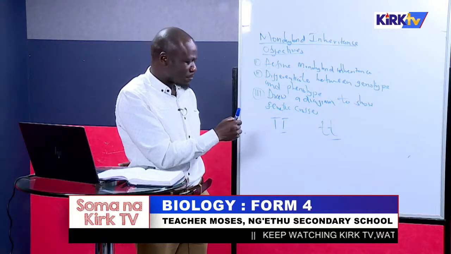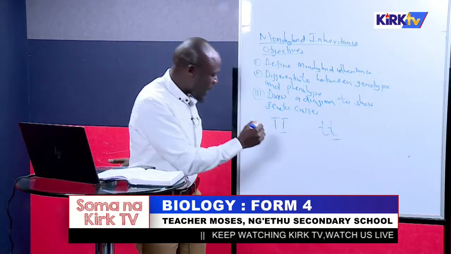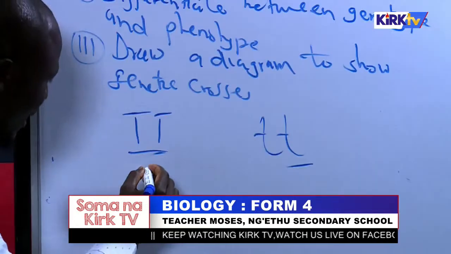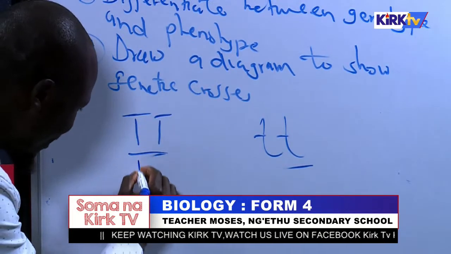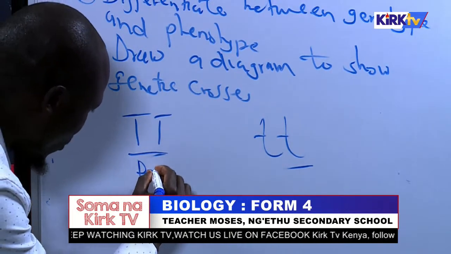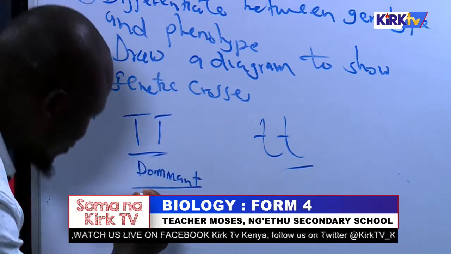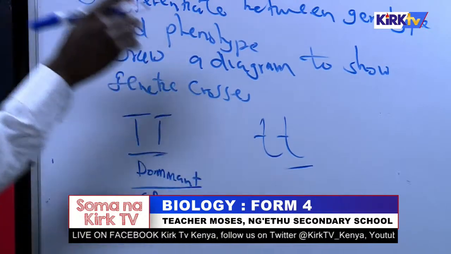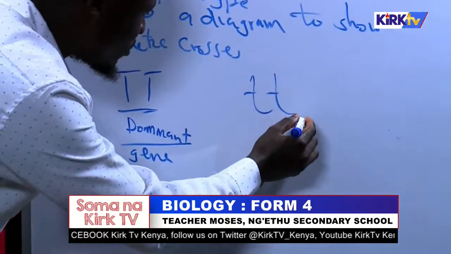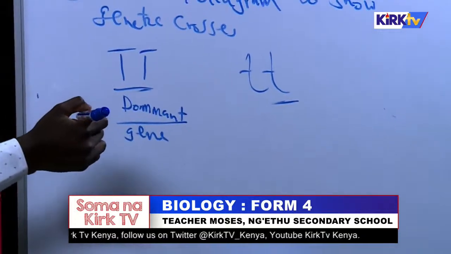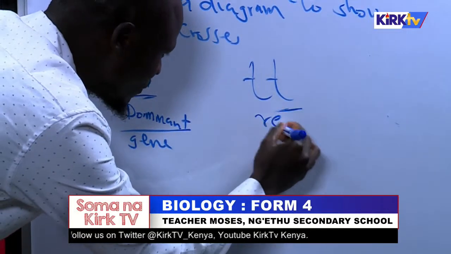But what is the difference? The difference only comes in whereby one is dominant. The one that is represented by a capital letter, we call it dominant gene. And the one that is represented in small letter, we call it a recessive gene.